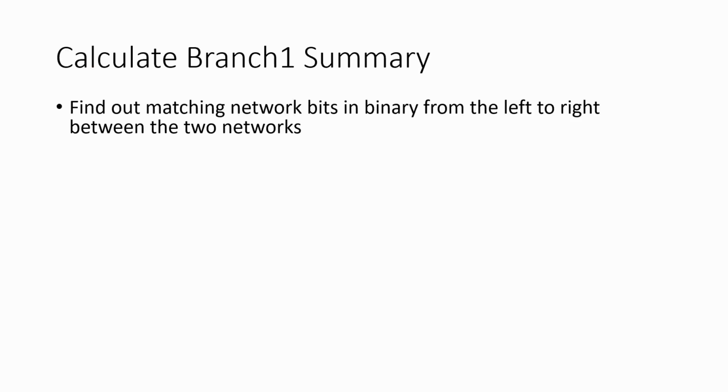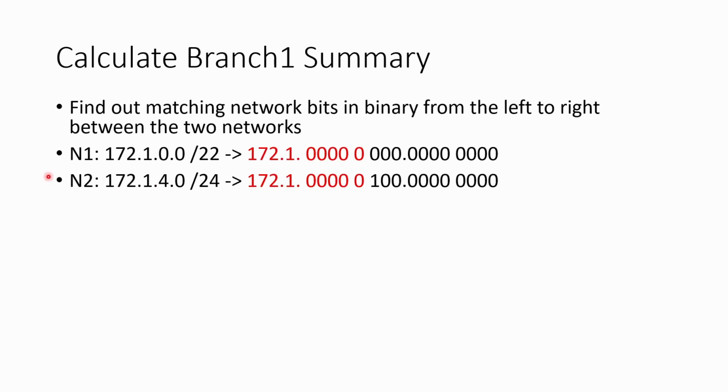To do the summary, we simply list the 2 networks together and compare, to find the matching network bits starting from the leftmost. The first 2 octets are the same, no need to convert into binary. The third octet is different, so we need to convert the third octet into binary. 4 is here, 0.